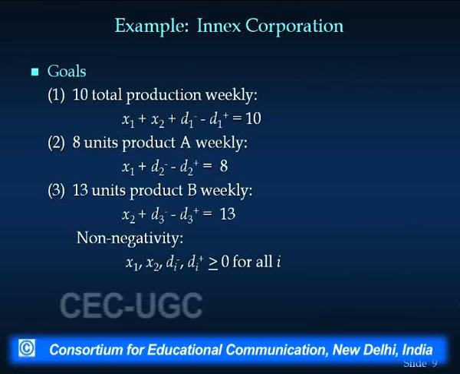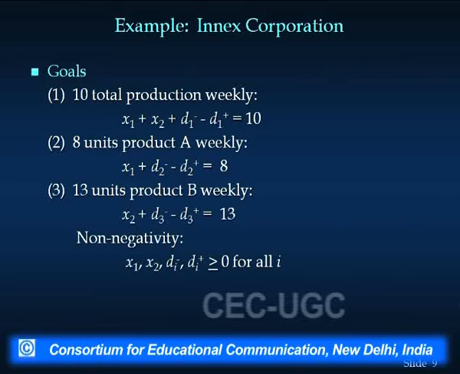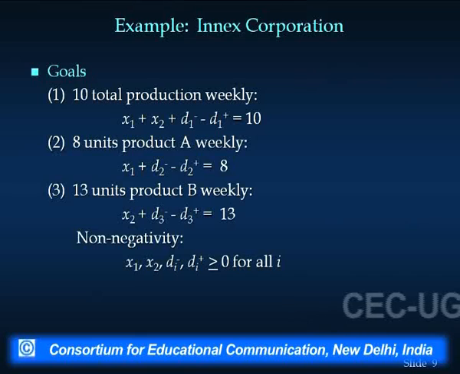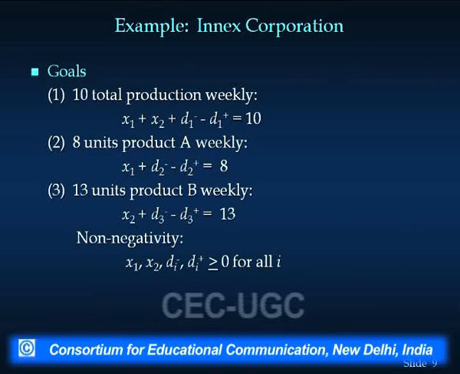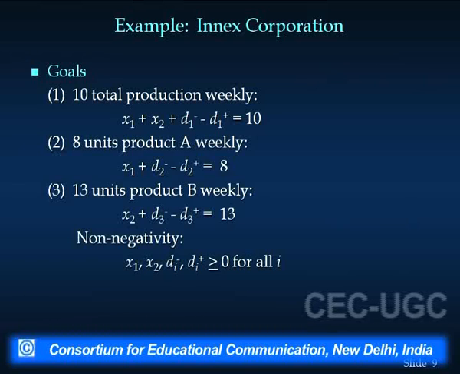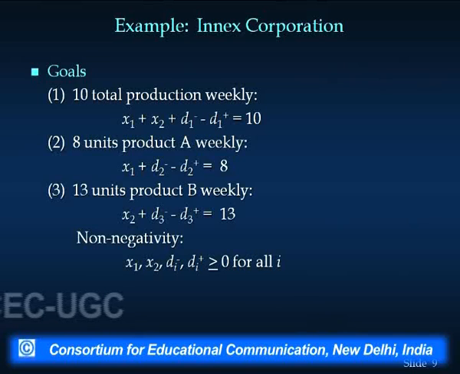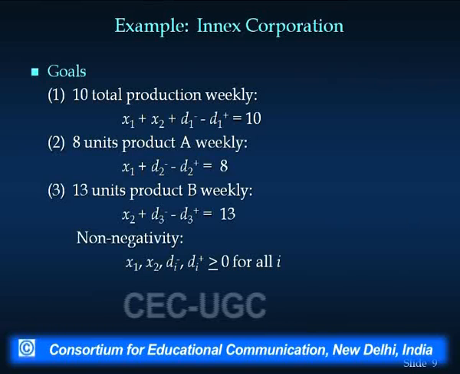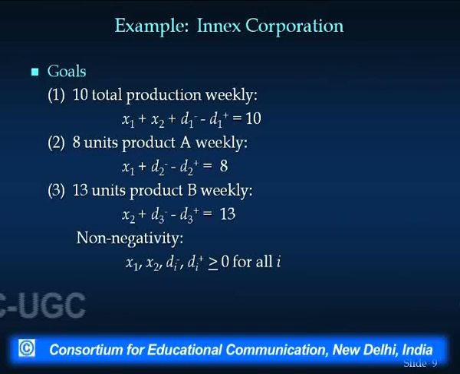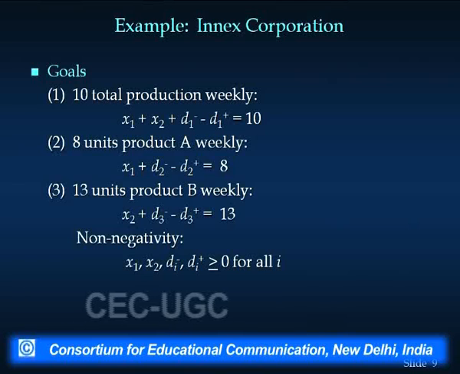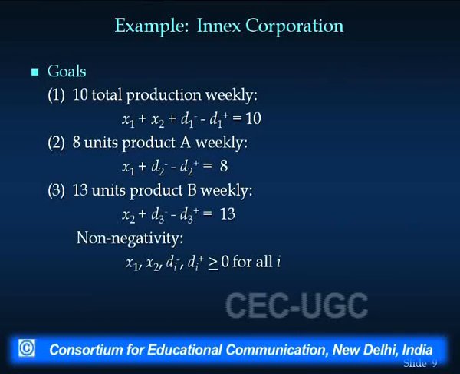This excess over our requirement is denoted by D1 plus, and this deviation is subtracted. So the equation is x1 plus x2 plus D1 minus minus D1 plus equal to 10. This is the first equation, first priority, and I have demonstrated how to make it.